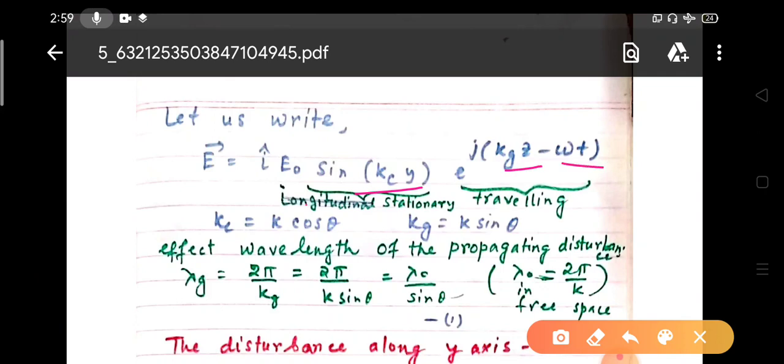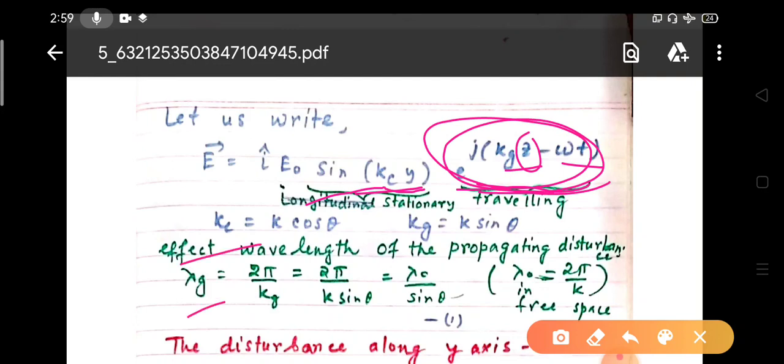So this is our stationary wave, and this is our travelling wave. What will be the effective wavelength for the propagation of the disturbance? Because this is the travelling disturbance, it will be propagating along the z direction with effective wavelength lambda g equals 2 pi by kg, because we are defining it as kg. So 2 pi by k sin theta, because kg equals k sin theta.